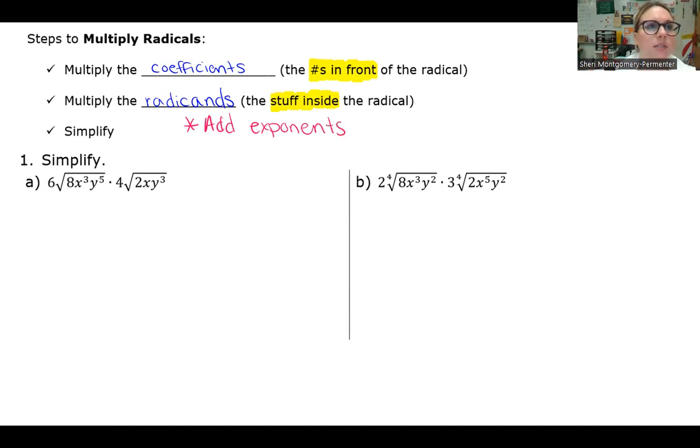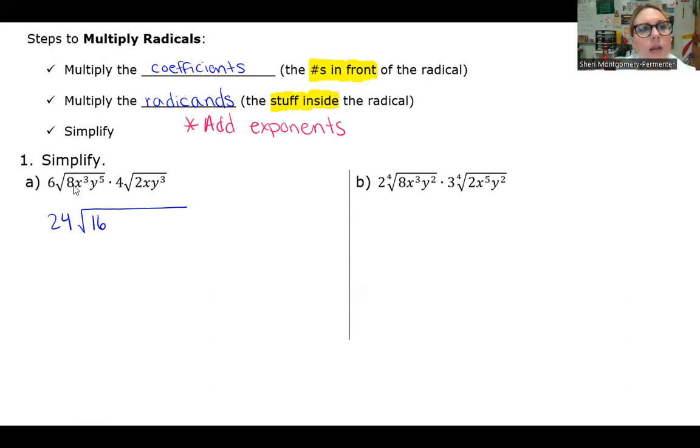So we're going to do this step by step. You're going to multiply the numbers in front. So 6 times 4 is 24. And then I'm going to multiply the stuff inside. So I have 8 times 2 is 16.